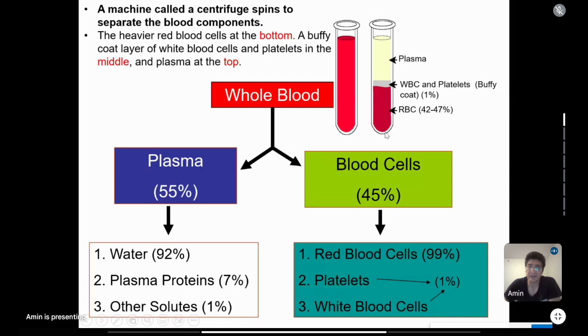After centrifuging the blood tissue, we can see all components of blood tissue: plasma as an extracellular fluid or extracellular matrix, and blood cells, white blood cells, platelets, and red blood cells.